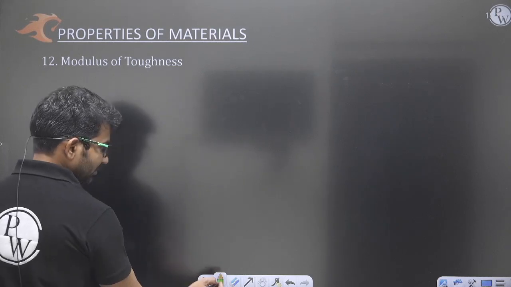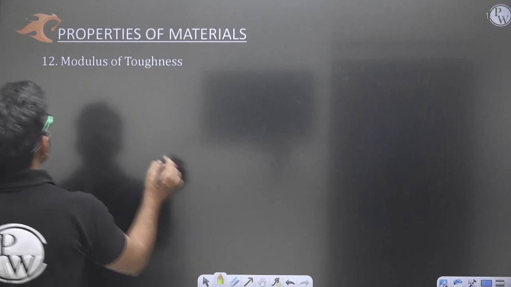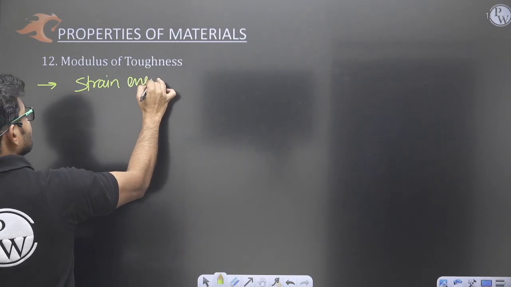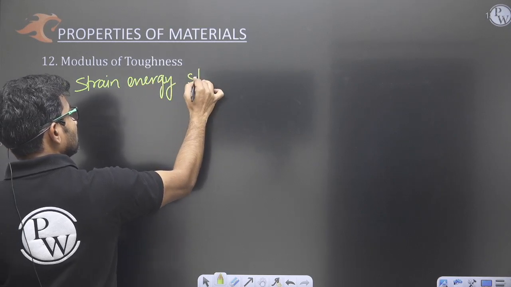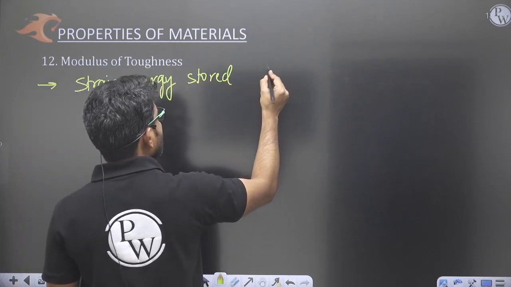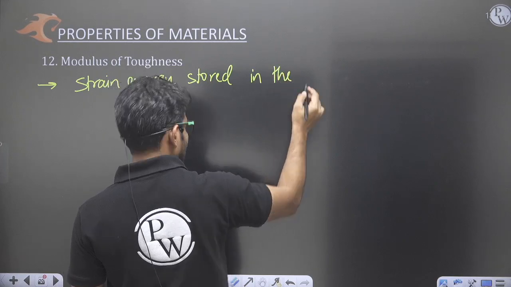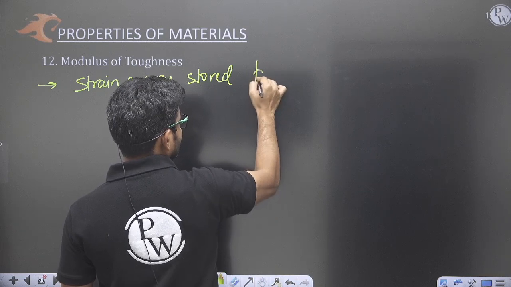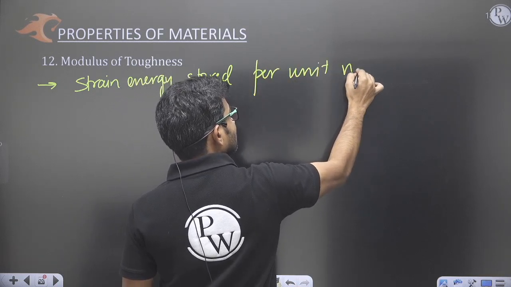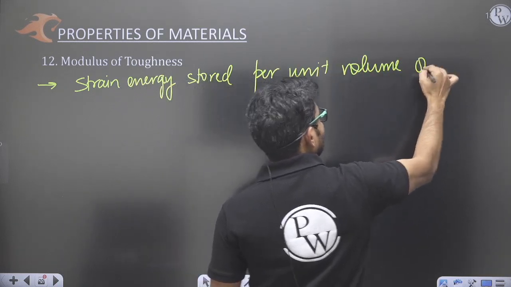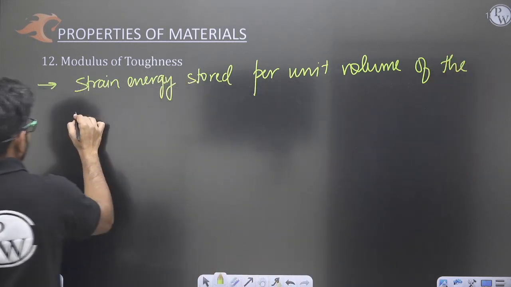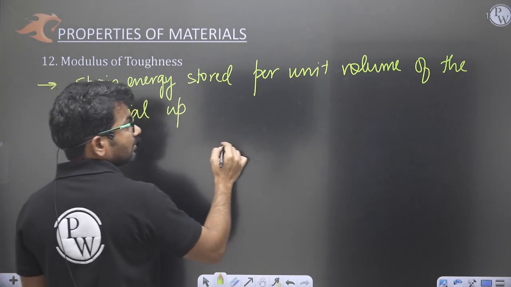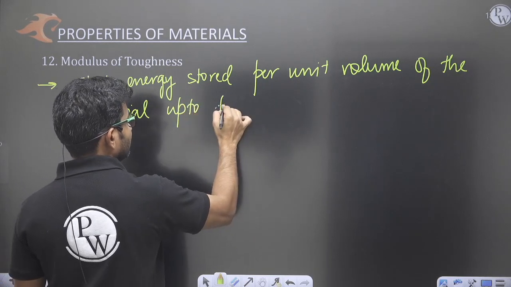So it will be the strain energy stored per unit volume of the material up to the fracture point.